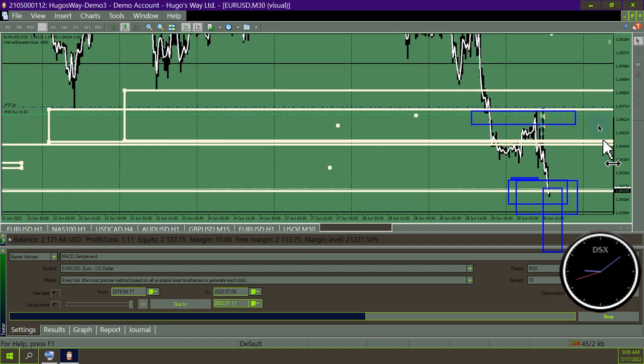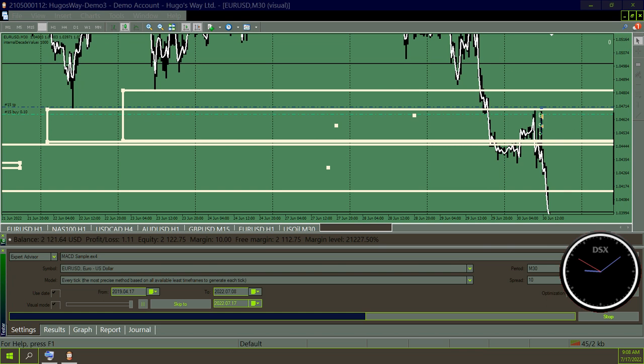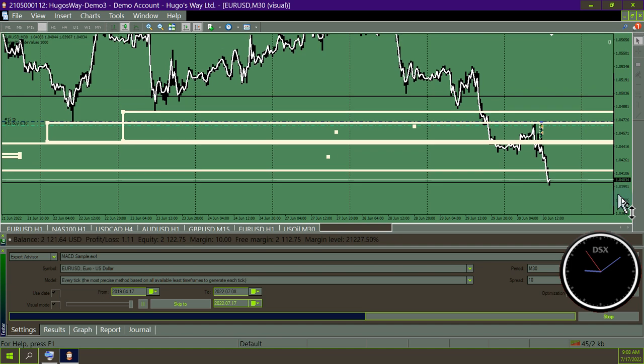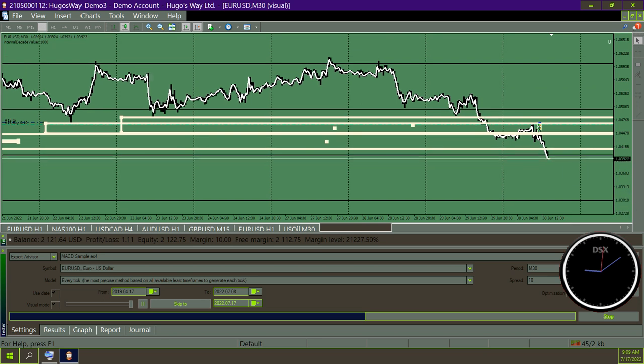Okay, so that's, as far as I know, the lowest price I got on my chart. So here's a day when the volatility kicks up, you won't be able to survive this with a tight stop. You need to have a 100 pip stop now. So you have 100 pip stops in here. It's coming down.